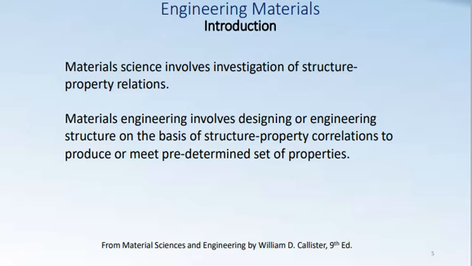Material engineering involves design or engineering of structure on the basis of these structure property relations, or designing of material to meet a certain predetermined set of properties. A material engineer is supposed to do this.